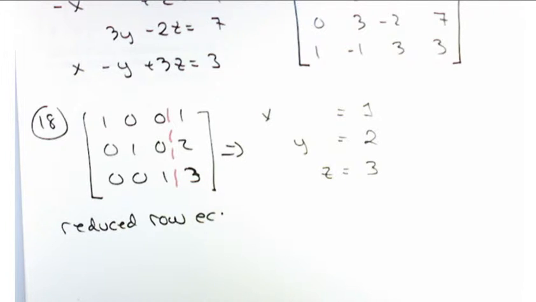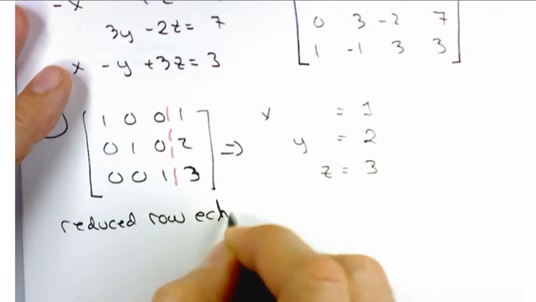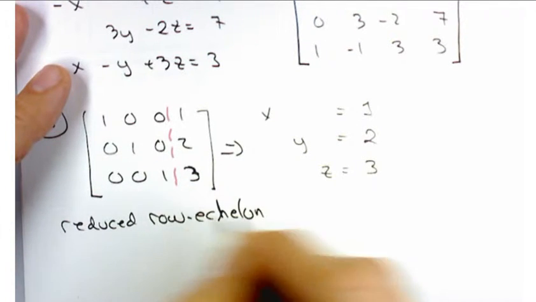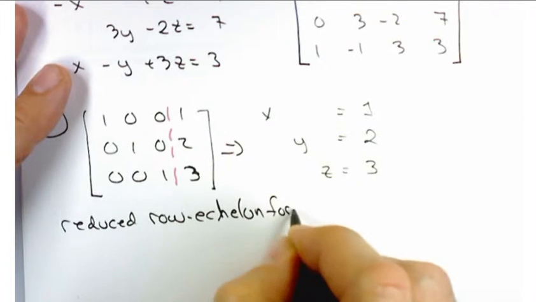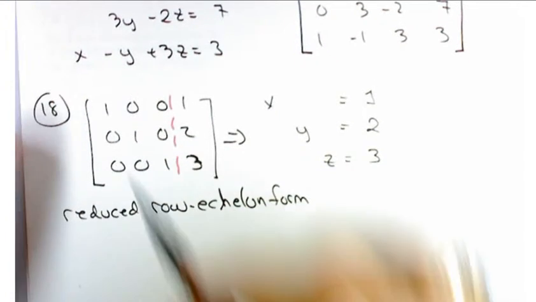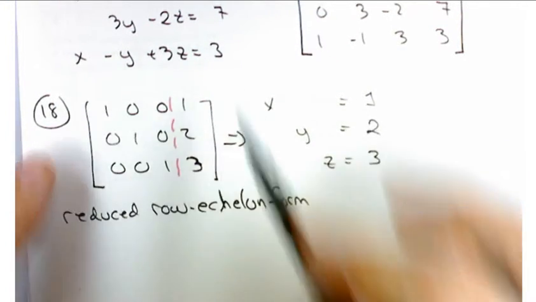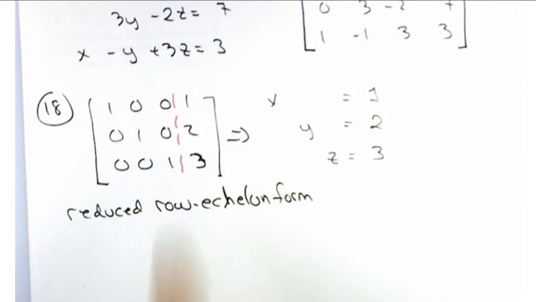Let's double check. E-C-H-E-L-O-N. Reduced row echelon form. Basically where you have ones on the main diagonal and zeros off that main diagonal, except for the right-hand side. So it's nice if you get in that form, but we can deal with lesser forms and still be okay.